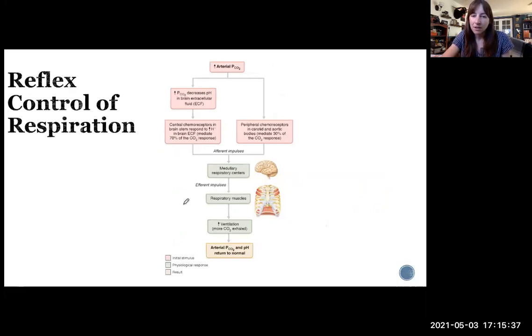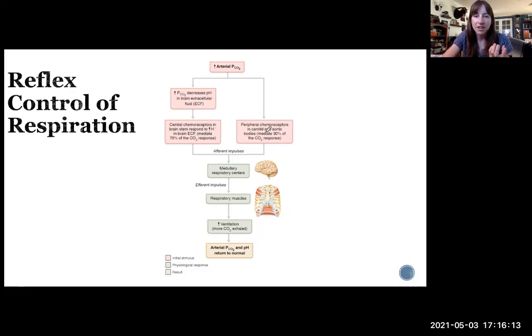Alrighty, so this is again this feedback loop. So basically, if your carbon dioxide concentration in the artery that has a chemoreceptor gets too high, then the pH goes down. We have acidification, acidosis of the blood. That is going to be detected by chemoreceptors in the brainstem, as well as chemoreceptors in the arteries.